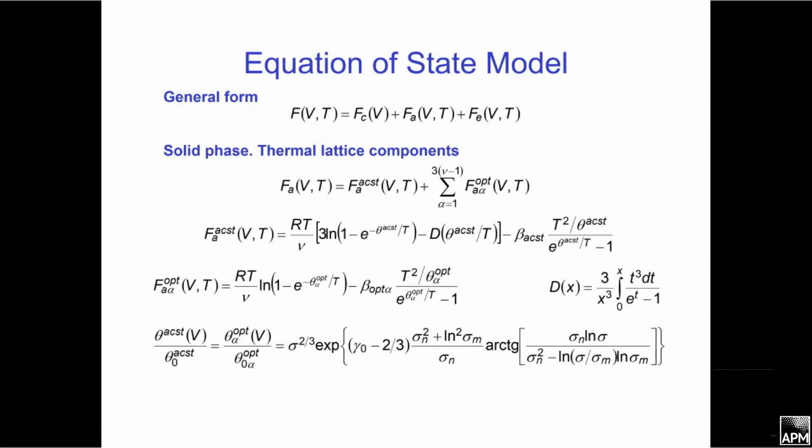And also the second term for the solid phase takes into account acoustical and optical modes of vibrations of the crystalline lattice. Here D is the Debye function, and also anharmonic contributions can be taken into account.